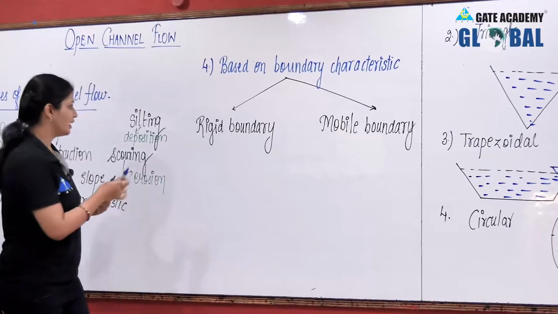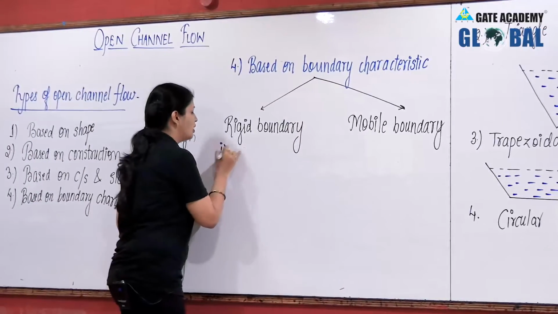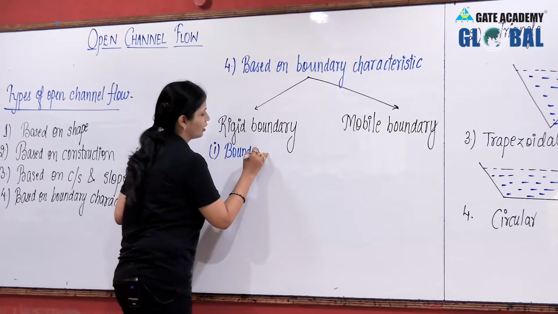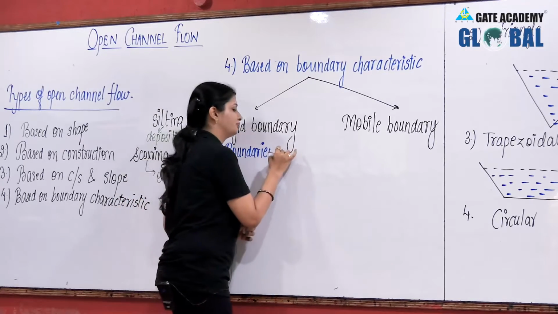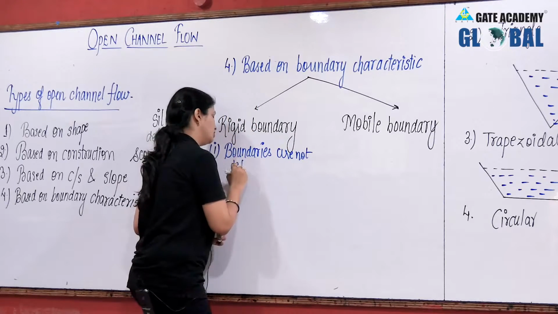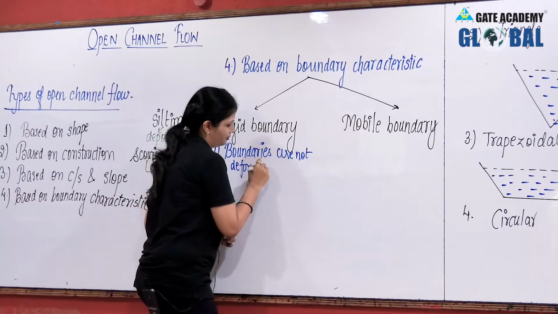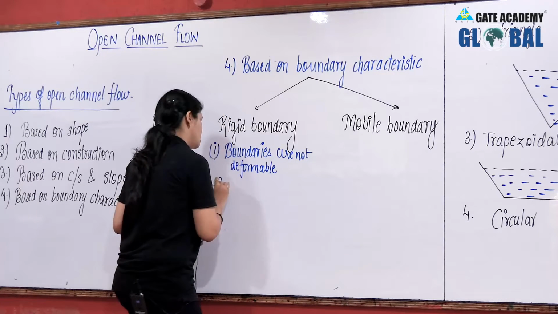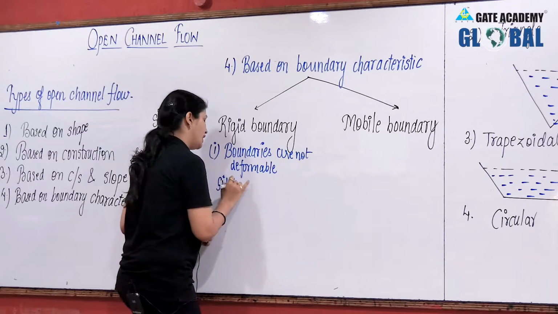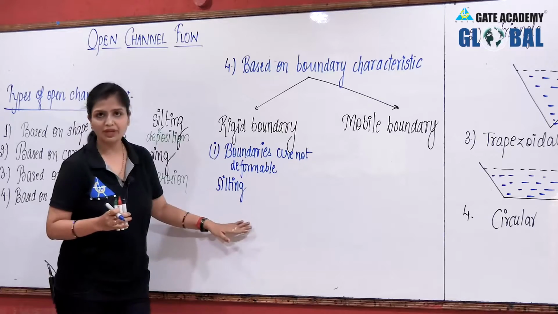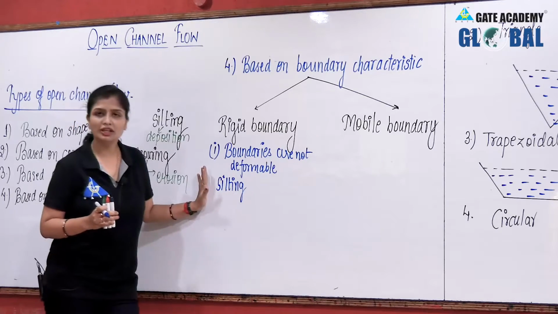So the points I can write: first one is, your boundaries are not deformable. Boundaries are not deformable. In some books you will find that because silting and scouring don't take place, boundaries are not deformable.